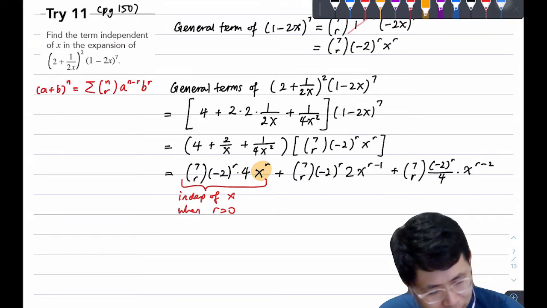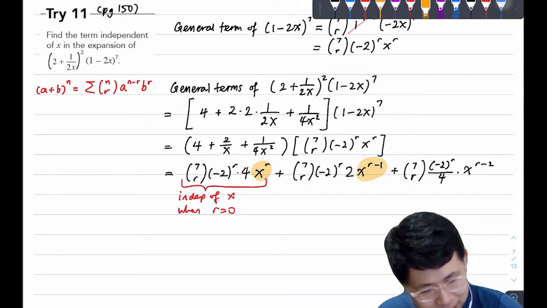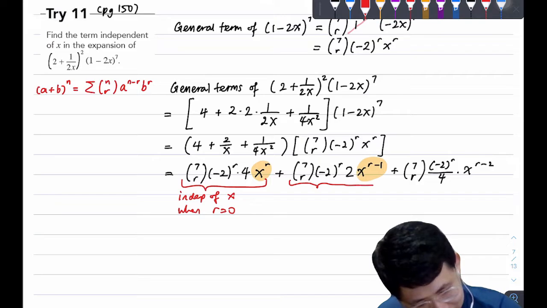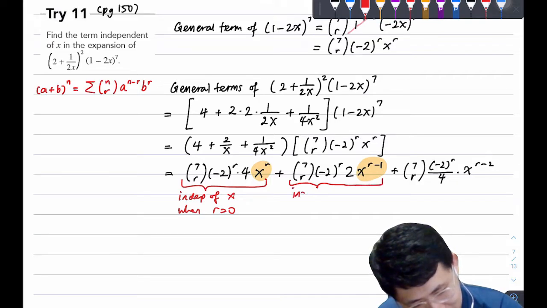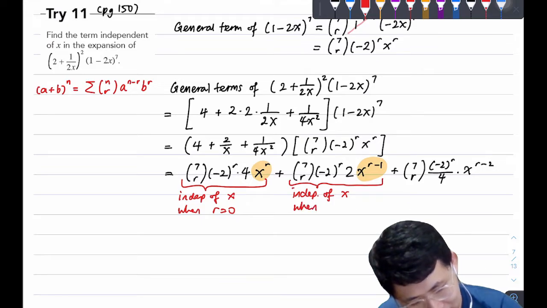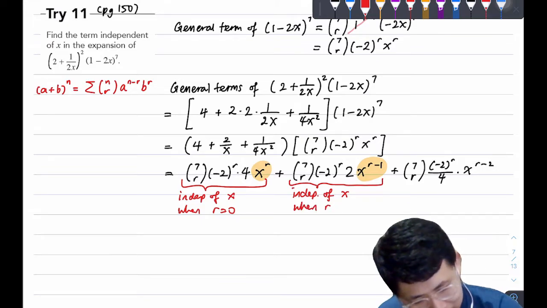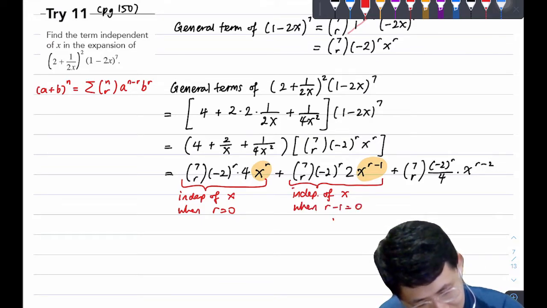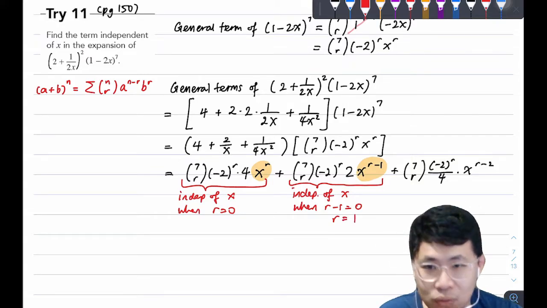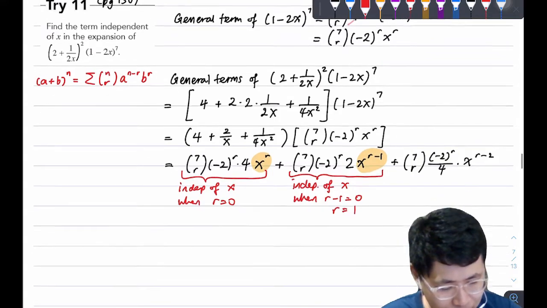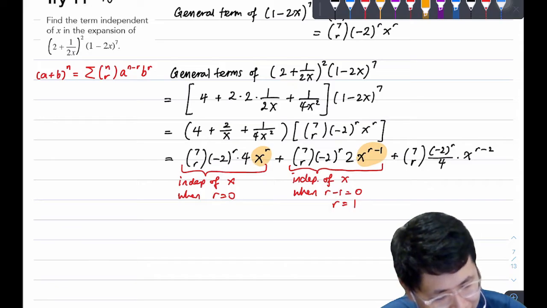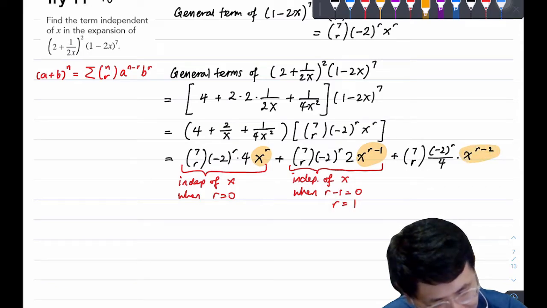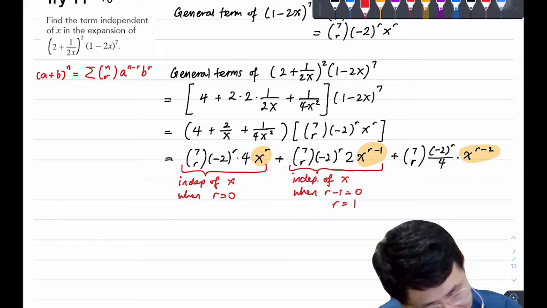Second one, let's focus on this x. For this particular term, this is going to be independent of x when r minus 1 equals 0. So r will be equal to 1 over here. Last but not least, let's take a look at this term over here.